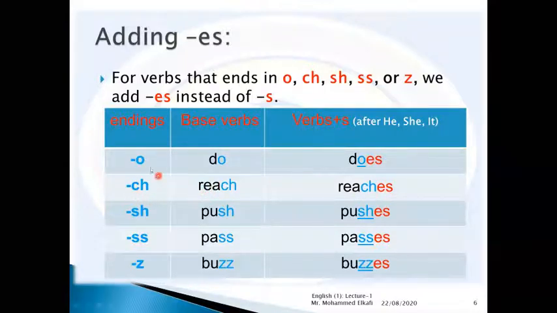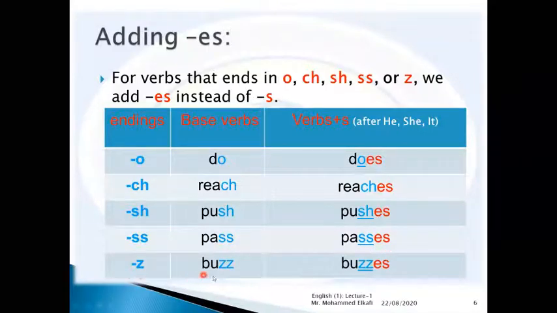The ending here is CH, as in reach and reaches, the form used after he or she. The ending here is SH, so the base verb is push, and we'll say pushes. S or double S: pass, passes.